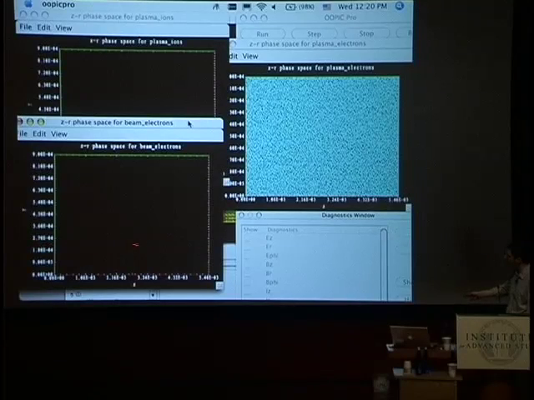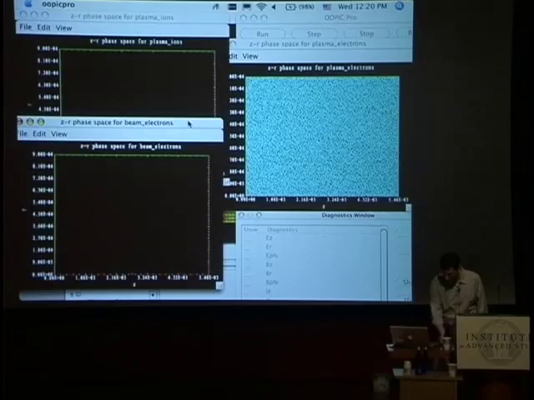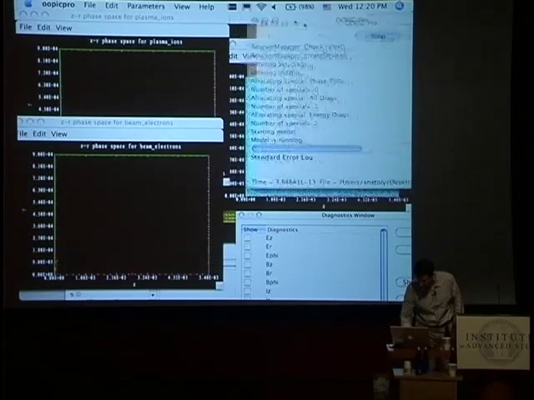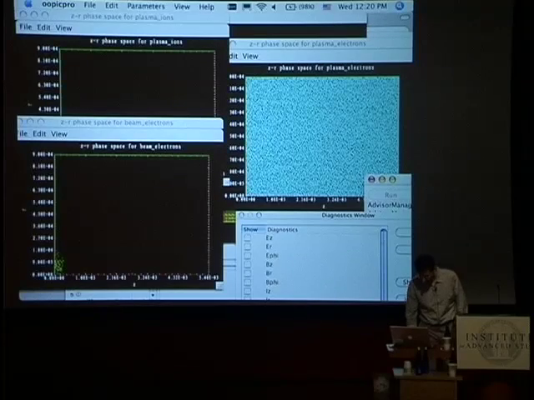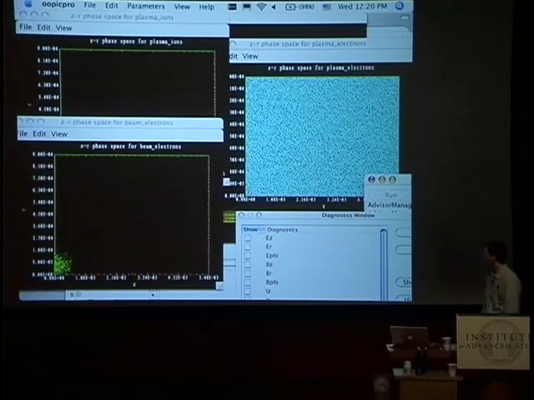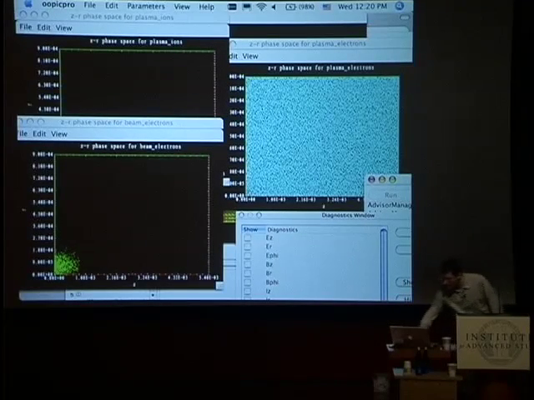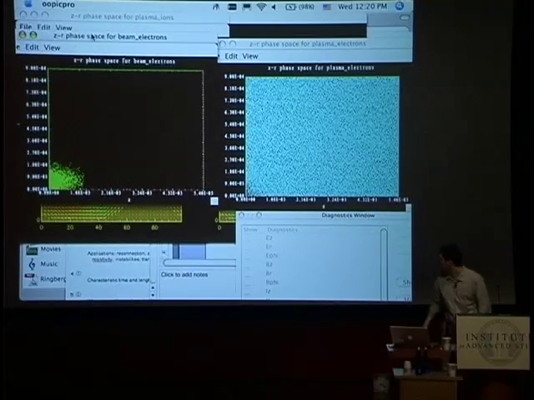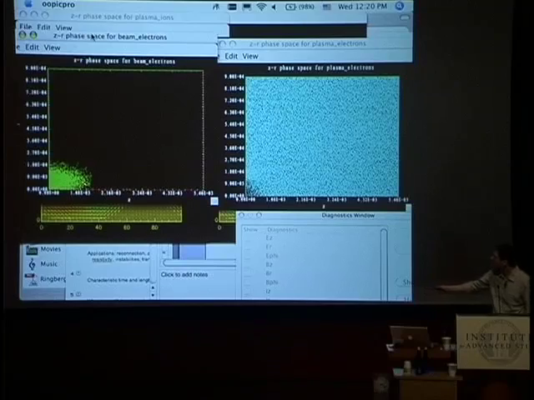It will flow into the box, and it will excite what's called a plasma wake, or an oscillation in the plasma. So it's running right now on my laptop. And what you're seeing here is the green is the electron beam. The electron beam is penetrating the plasma here.